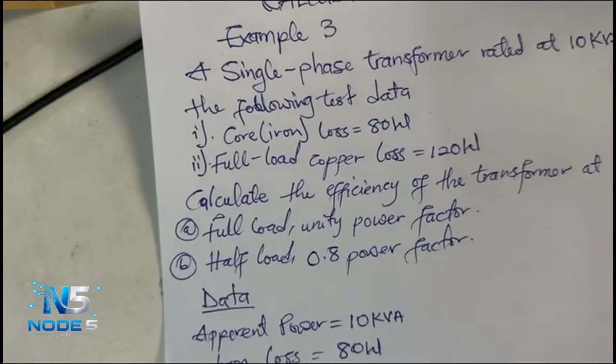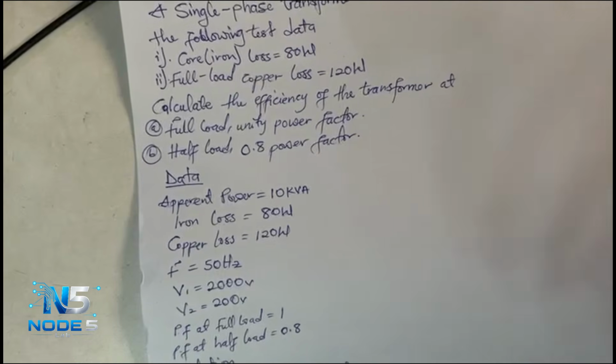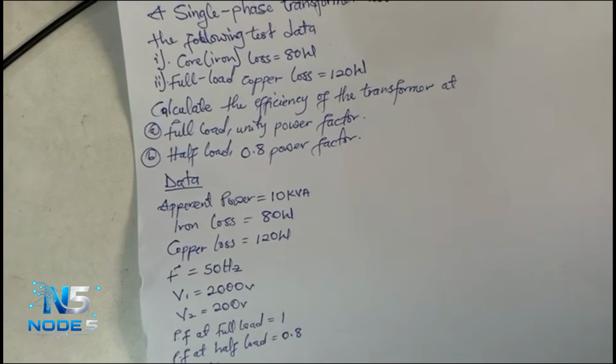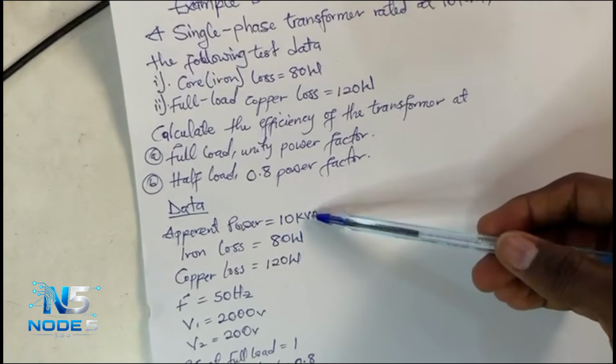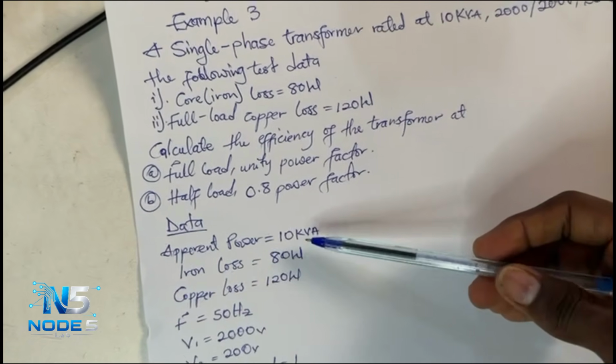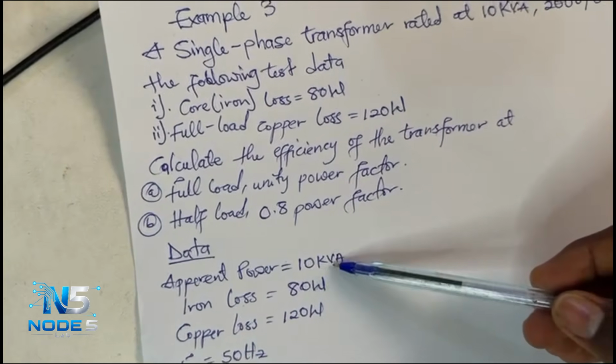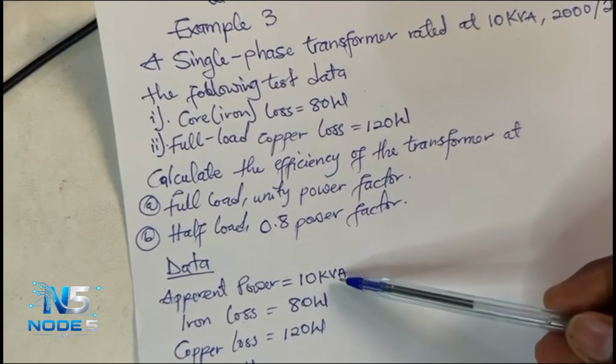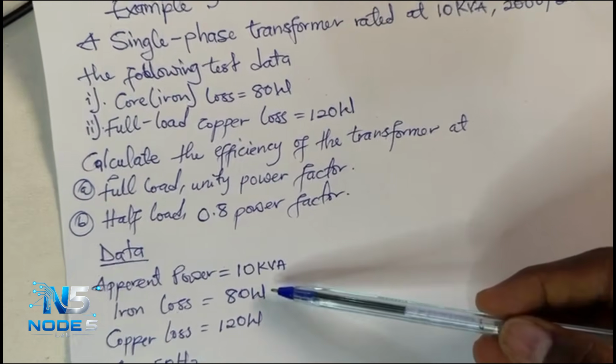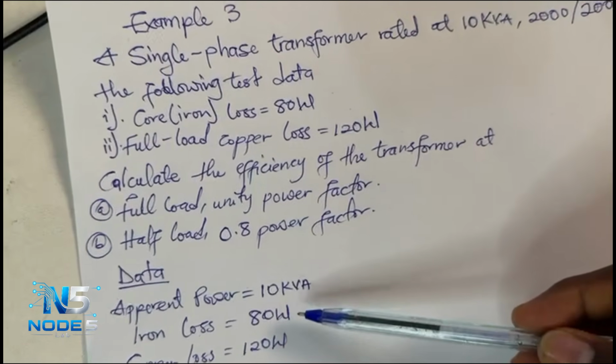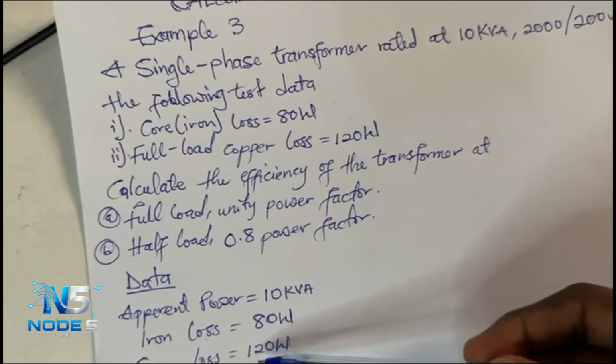So let's try to write our data. We have the apparent power of the transformer, which is the kVA, which is 10 kVA. And we have the iron losses, that's the core losses, which is always constant. We have the copper losses.